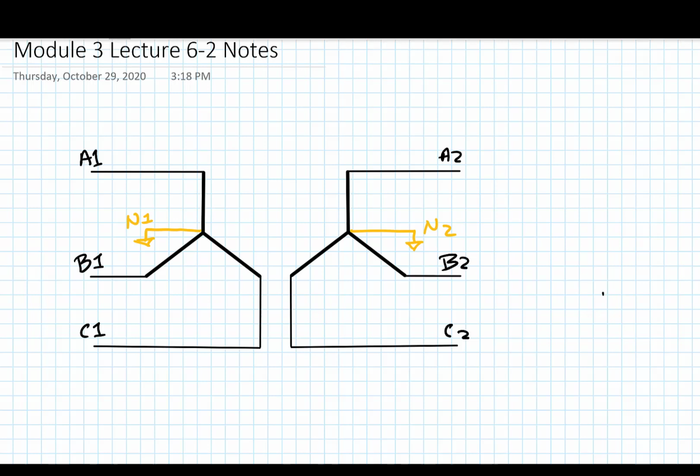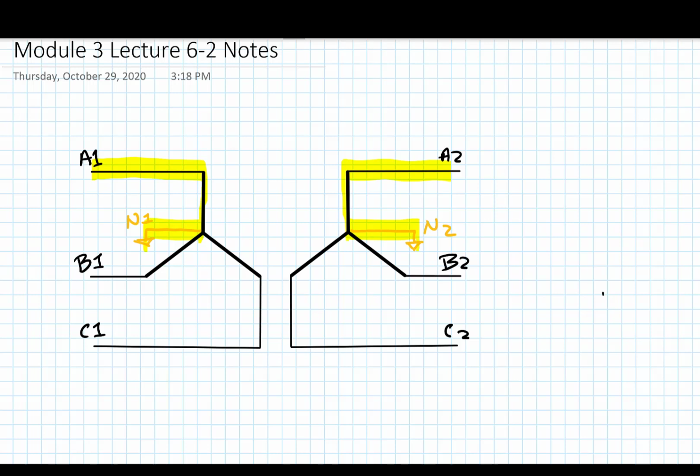In this case, the neutrals form a separate reference on each side of the transformer and effectively allow us to break the circuit up into three pieces if we wanted, per each side of the transformer, or analyze an individual line to neutral circuit on the primary and on the secondary side.